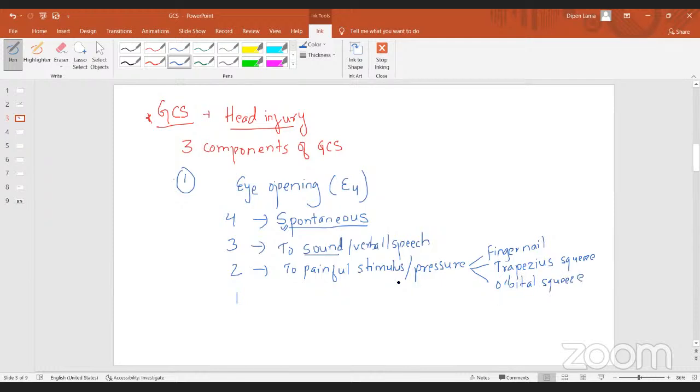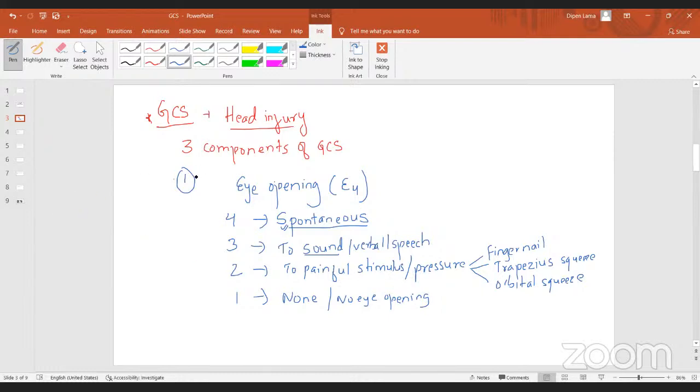So we can do these 3 pressures to check the eye opening, and if there is response, we give the score 2, and the minimum is 1, that is none. There is no eye opening to any of the above, so that is 1. So this is very important. So you should remember eye opening, maximum is 4, minimum is 1, and 3 is to sound, 2 is to painful stimulus or to pressure.